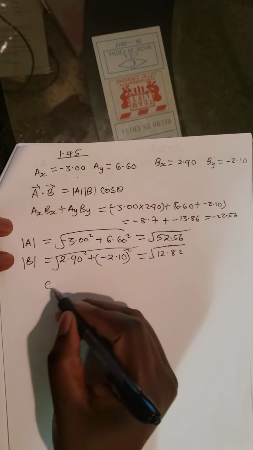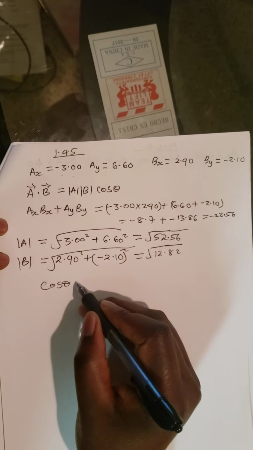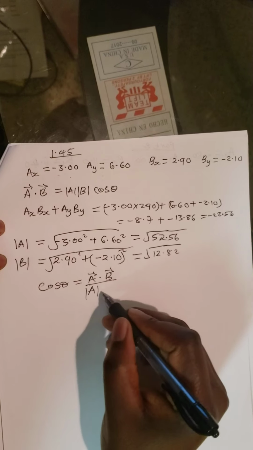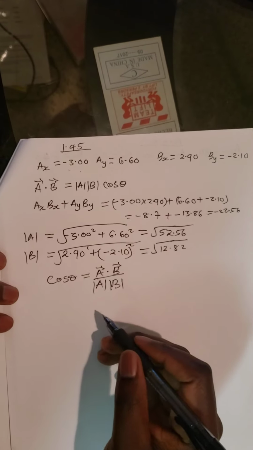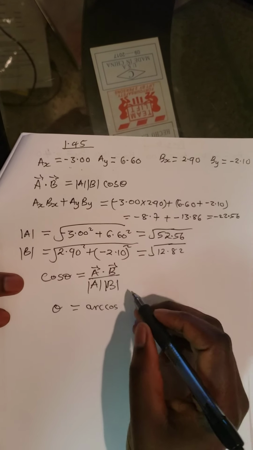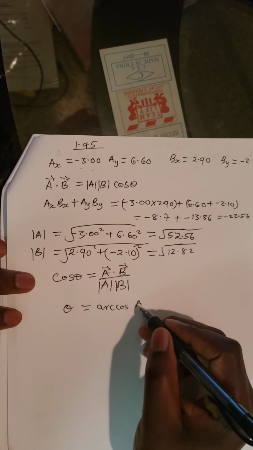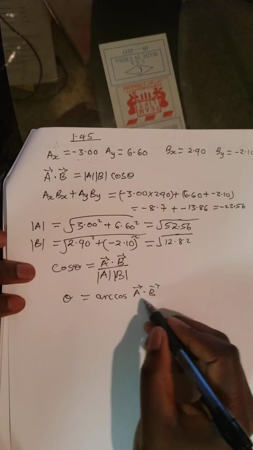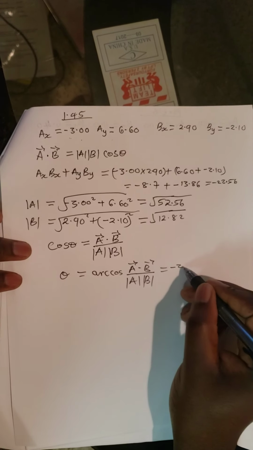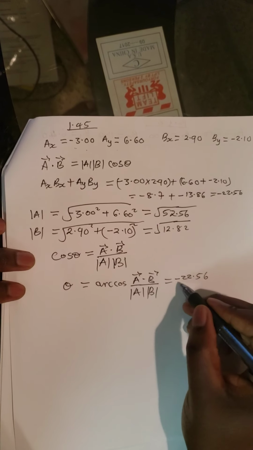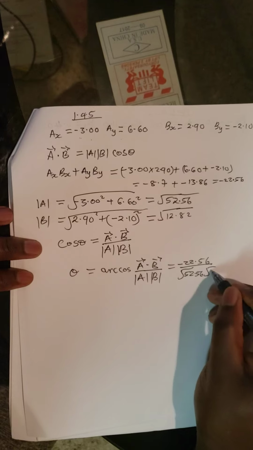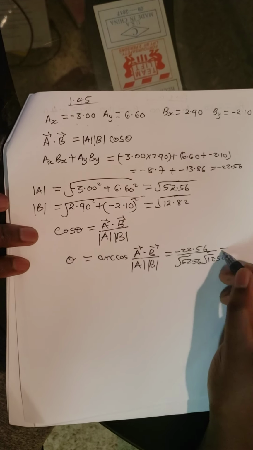Therefore, I'm going to apply the formula. Cosine theta is going to be the dot product of vector A and vector B, all over the magnitude of vector A times the magnitude of vector B. So theta itself is going to be the arc cosine, the cosine inverse, of minus 22.56, which we found on top here, divided by the magnitudes, root 52.56 times root 12.82.